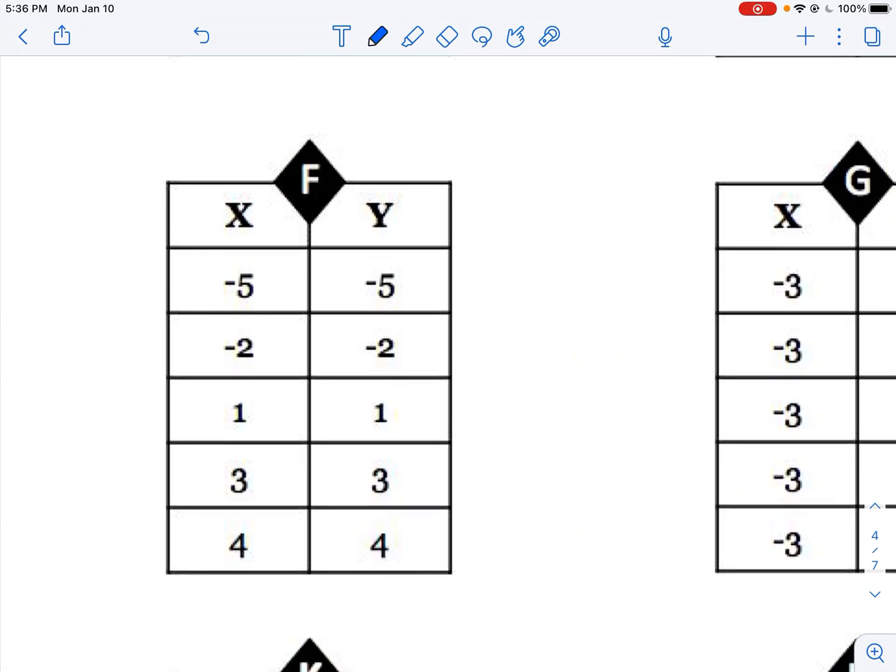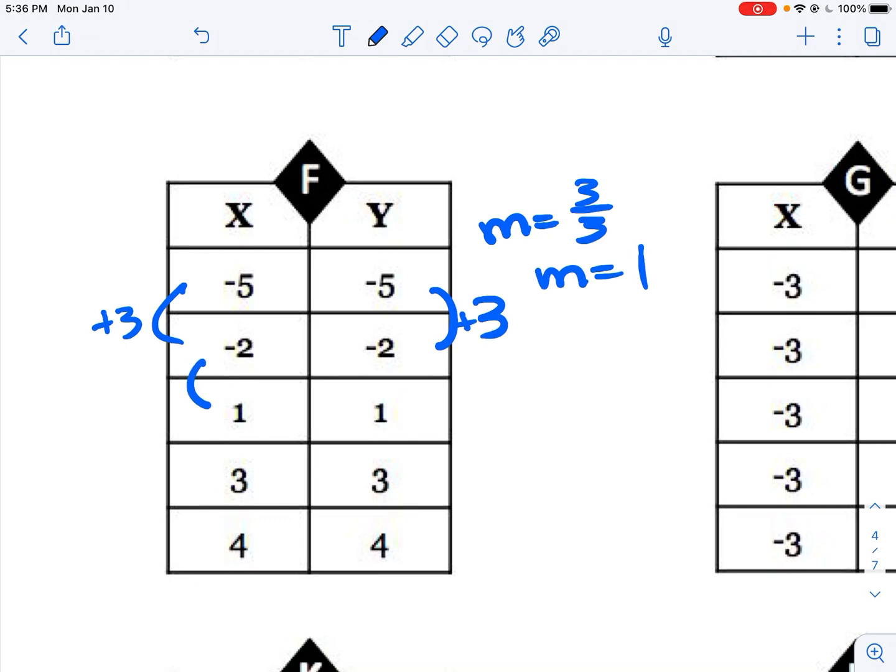This one. Right here it went up by 3. Right here it went up by 3. So my slope is 3 over 3, which is 1. Okay, if I wanted 0, and it's going up by 1, so that means from here to here it went up by 1.